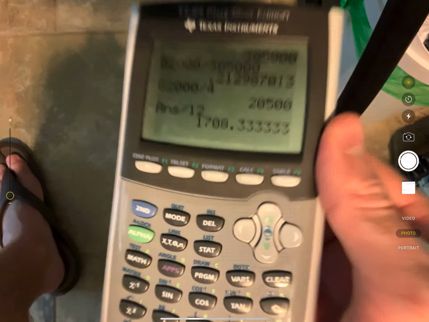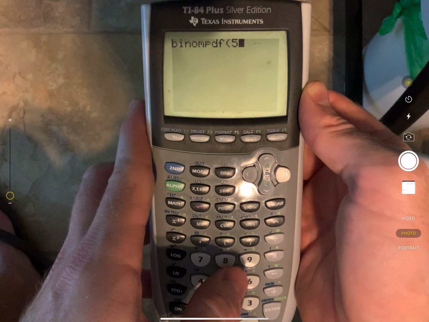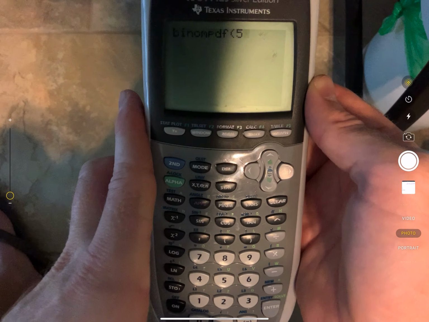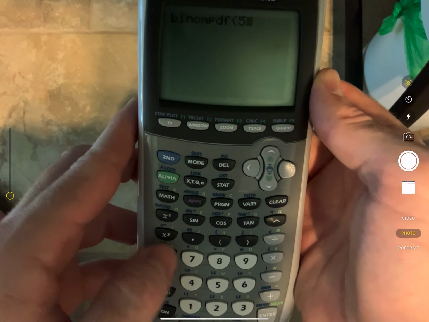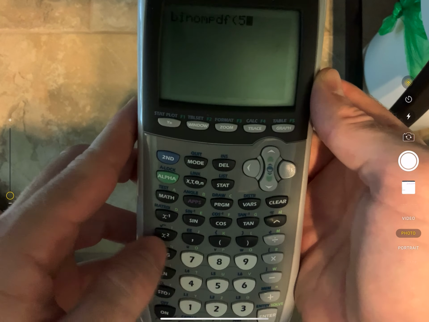So let's do n equal to 5, and then I'm going to do a comma. I don't know if this will work or not. I haven't done this. I guess I need an x value. So let's try x value of 1 and then a comma, and let's do a probability of 0.1, and then let's close it and see what happens.